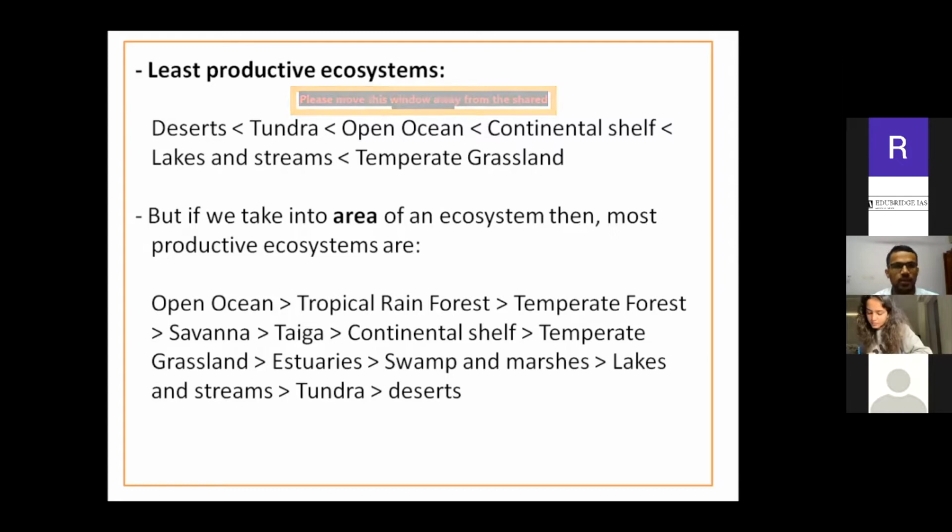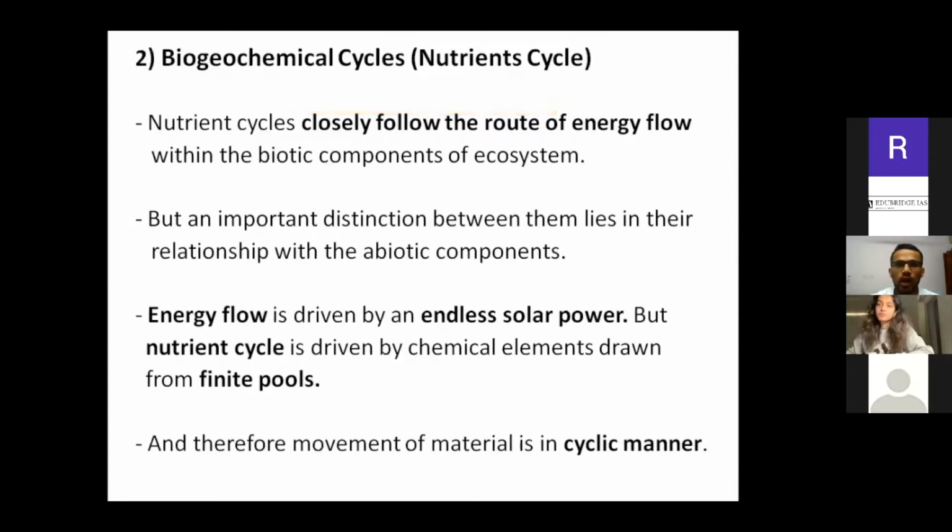Now, next. Let us come back to our discussion of functions of ecosystem. Yesterday we discussed one function of ecosystem, that is energy flow. Now we will be discussing the second important function of ecosystem, that is biogeochemical cycles, which are also called nutrient cycles. Fine. So let us discuss nutrient cycles. Nutrient cycles are closely related to energy flow, because nutrient flow also occurs through trophic levels, but it is not restricted to trophic levels.